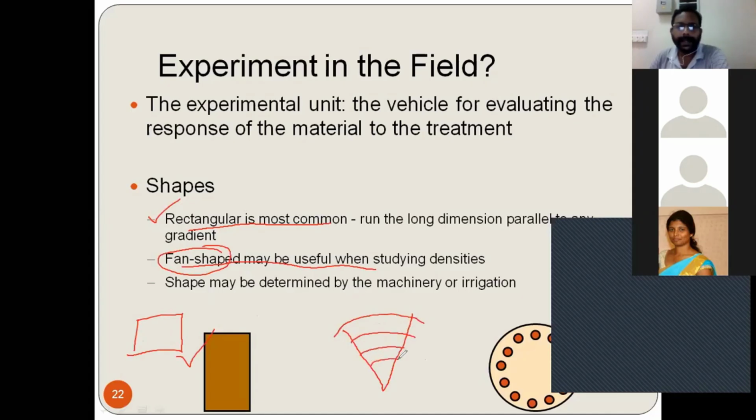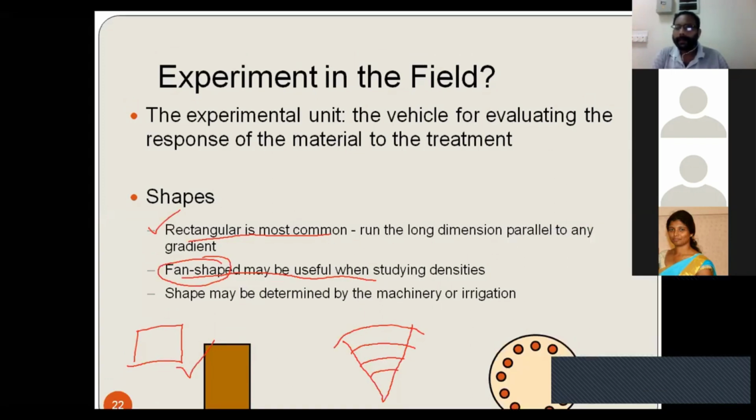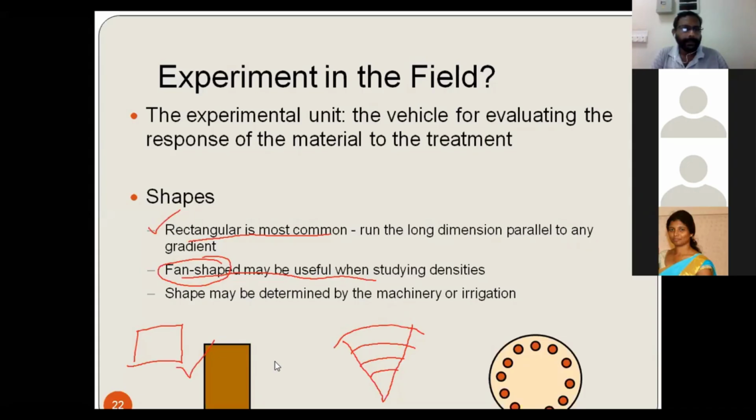We don't learn this design because it is a little bit advanced design, but I will just explain what it is. In this fan design, in this direction, the distance between the arcs, how do you call this?